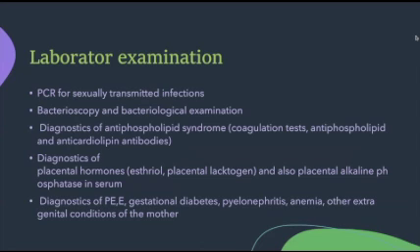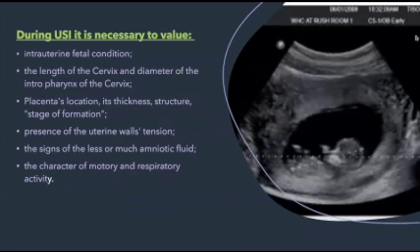For diagnostics of placental hormones, estriol, placental lactogen, and placental alkaline phosphatase in serum must be checked. Diagnosis of gestational diabetes, pyelonephritis, anemia, and other extragenital conditions of the mother must be checked. And of course, ultrasound examination in the first, second, and third trimester.